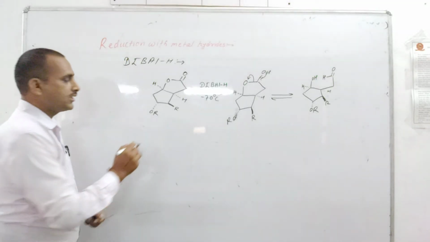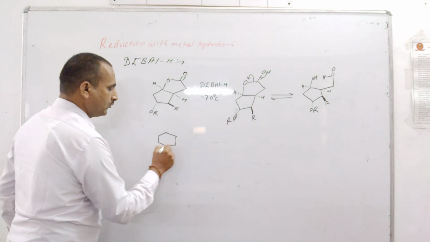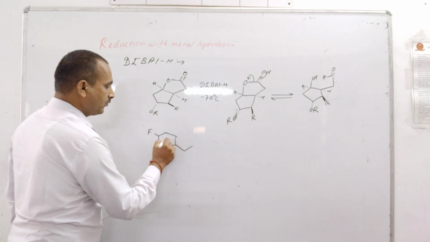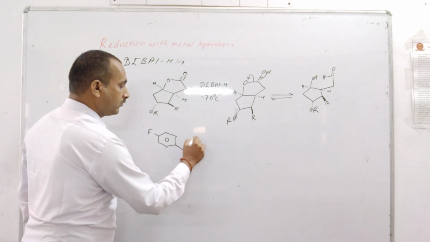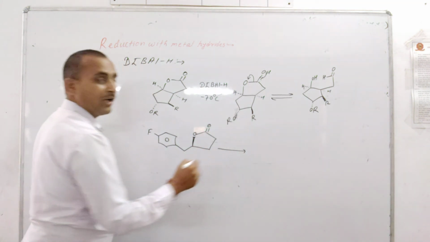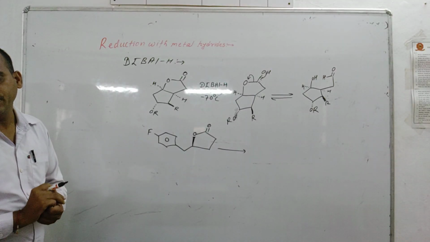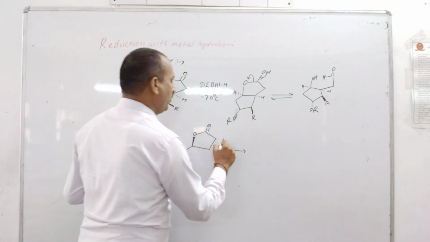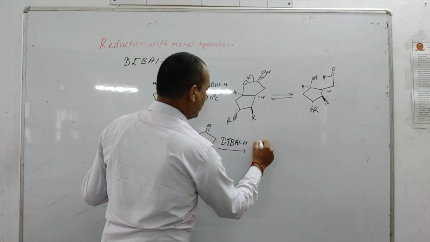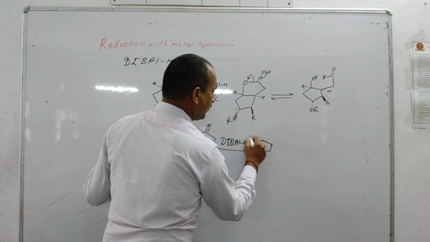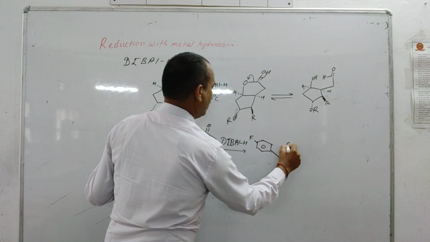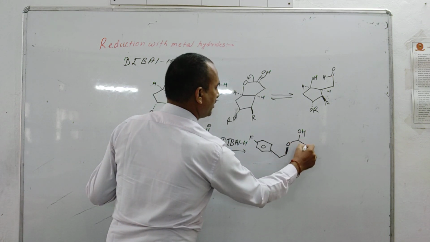Then another example, F, again by using diisobutyl aluminum hydride, this gets converted to lactone, diisobutyl aluminum hydride, FOH.